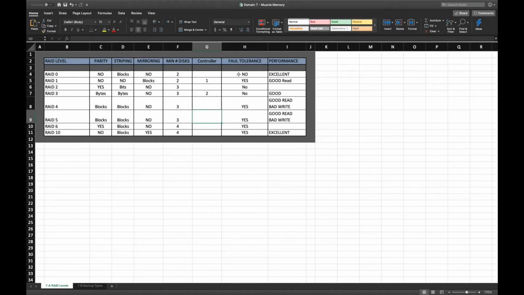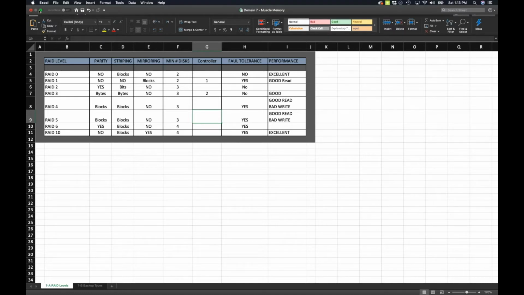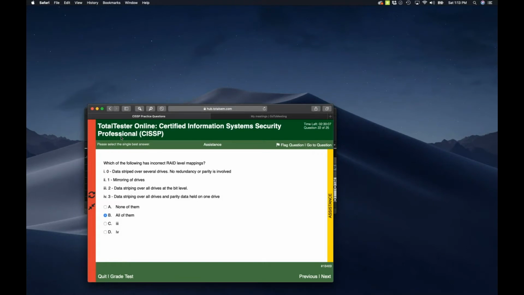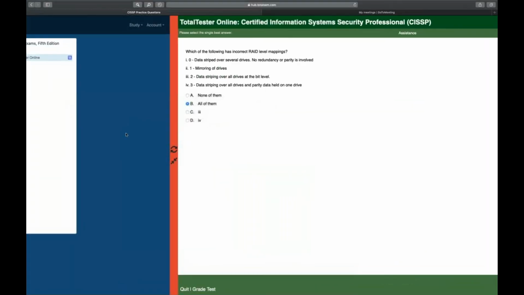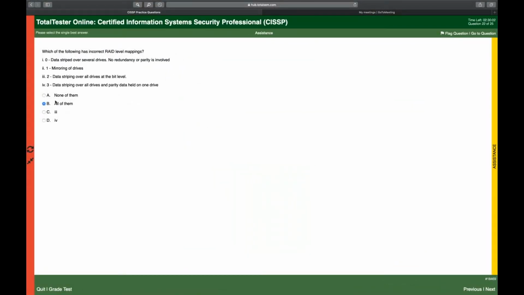RAID 2 has the parity bit. Oh no, yes, the parity bit is there for RAID 2. So it is right. Yeah, RAID 3 is 3 disks. I knew something was off about that. I think for me the answer is Alpha, but I might be wrong.